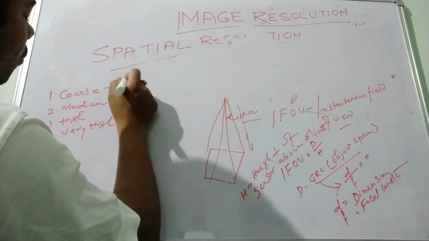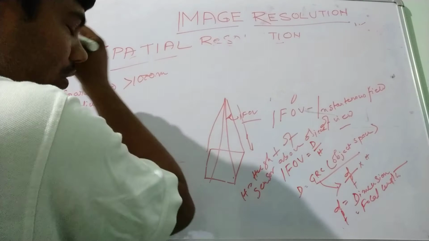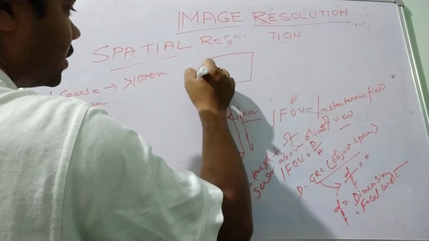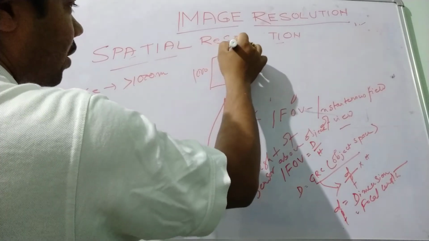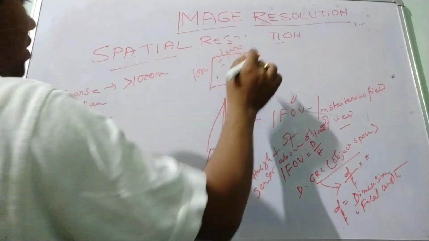Coarse is when the pixel size is more than 1000 meters. So within this 1000 meters by 1000 meters, whatever objects are available will come into this pixel.